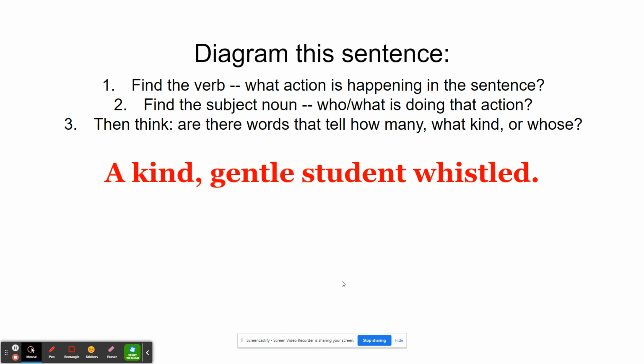Then from there, you want to check, are there any words that tell how many, what kind, or whose of that noun?